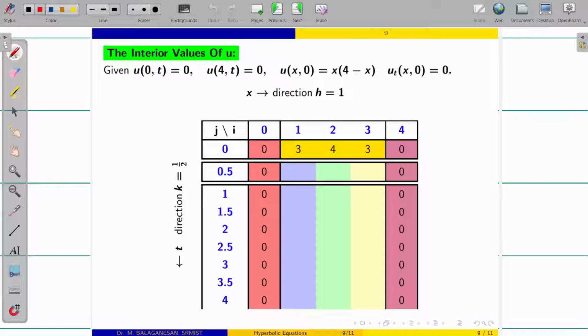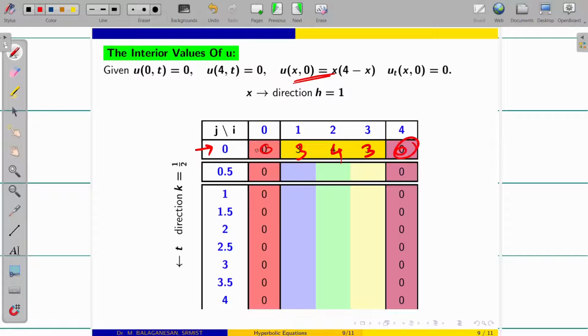Now the third boundary condition, u of x comma 0, which means the t equal to 0 line: x into 4 minus x. Give x equal to 0, it will be 0. Give x equal to 1, it is 3. Give x equal to 2, it will be 4. After 2, give x equal to 3, it will be 3 into 1, which is 3. Give x equal to 4, it will be 0.